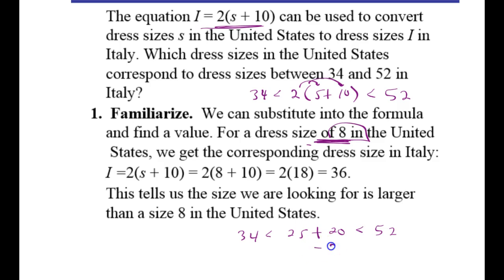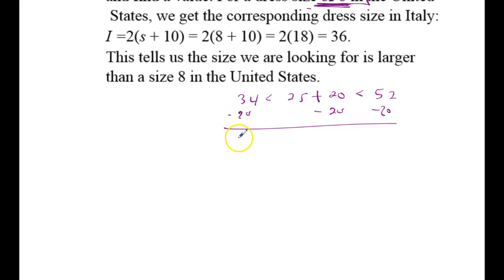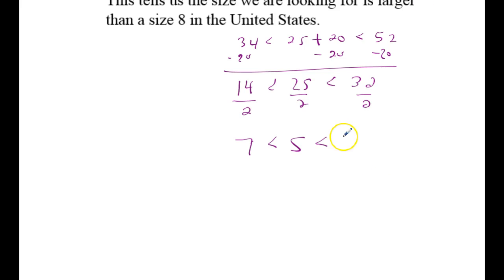I'm going to subtract off 20 from every term. So I'll look like 14 is less than 2s, which is less than 32. And then if I divide every term by 2, we'll get 7 is less than s, which is less than 16.